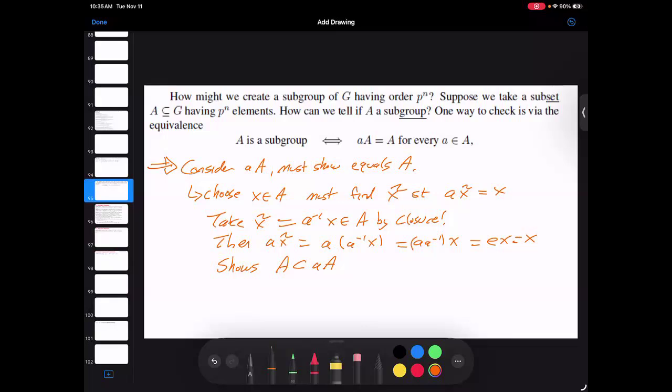Because A is a subgroup, where does little a live? It lives in G, but it lives in something even smaller than G because it's a subgroup. By closure, where does little a times big A live? It lives in A, right? By closure.